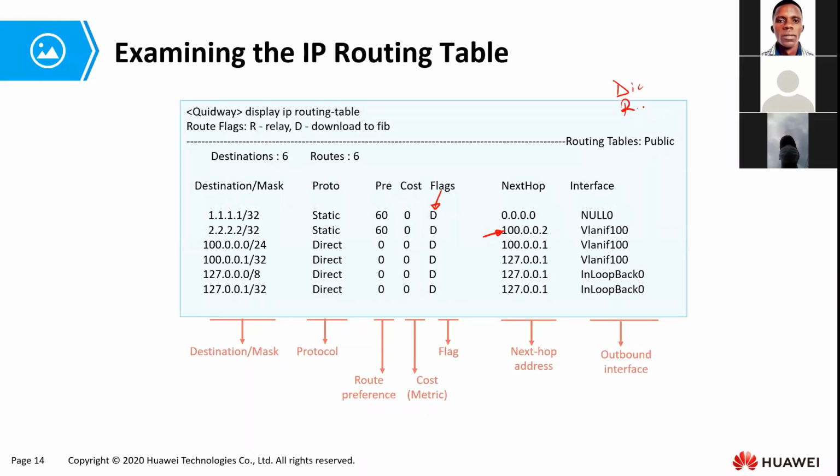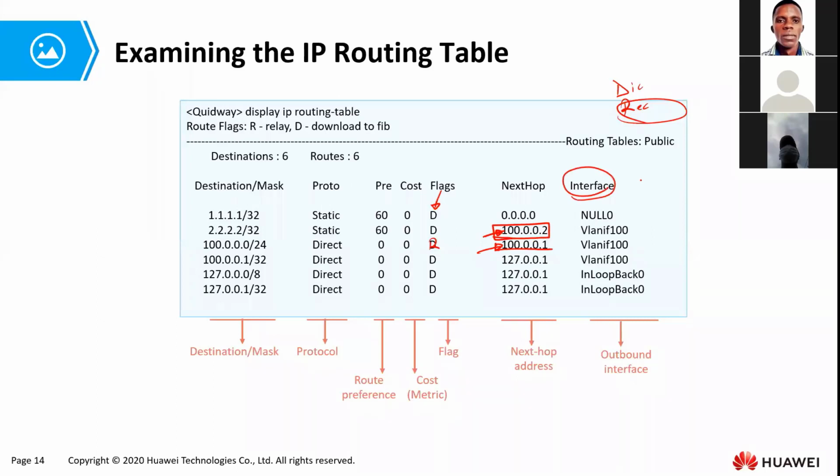When it is R, it's for recursive. Now, direct means my next hop is directly attached to me. Recursive means if it is R, to reach my next hop, I have to go through another routing protocol, or I just learned my next hop through someone else. It is not directly attached to me.